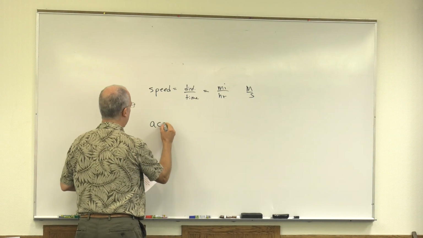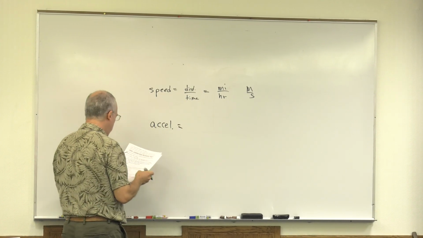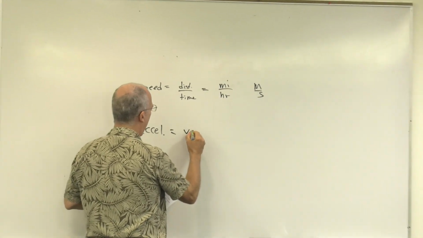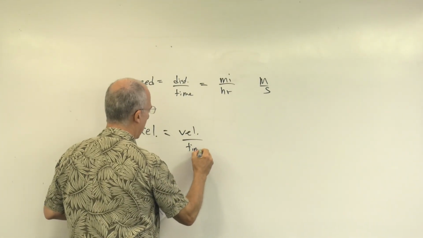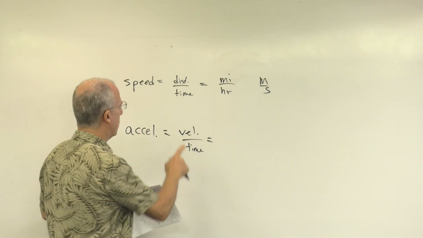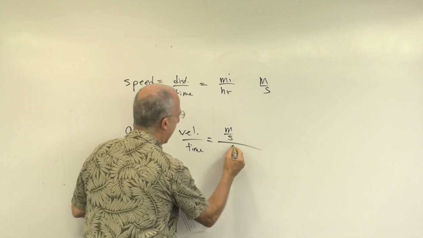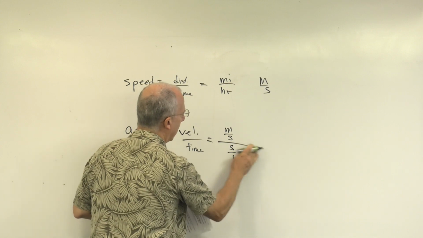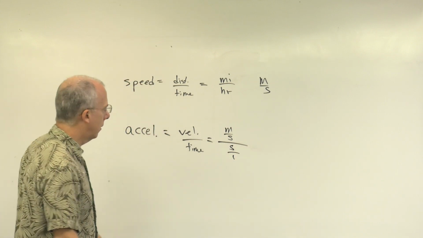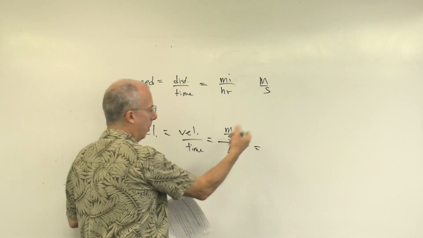Acceleration. What's acceleration? It's the change in velocity over the change in time, right? So let's do MKS. Velocity is meters per second. Time is seconds. Well, you can write seconds as seconds over 1, right? And how do you divide fractions? You flip and multiply.